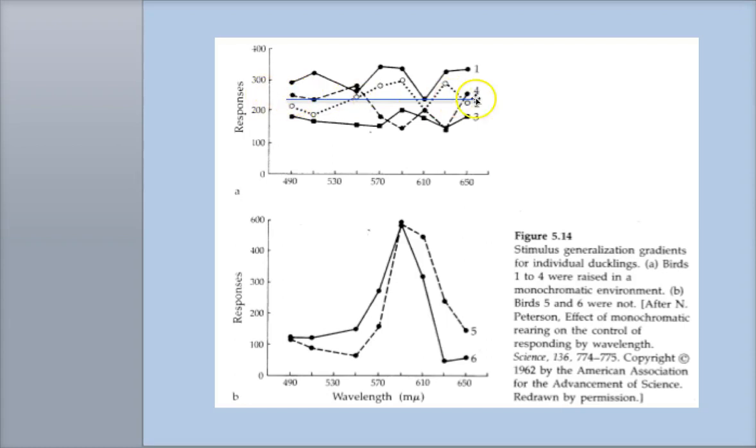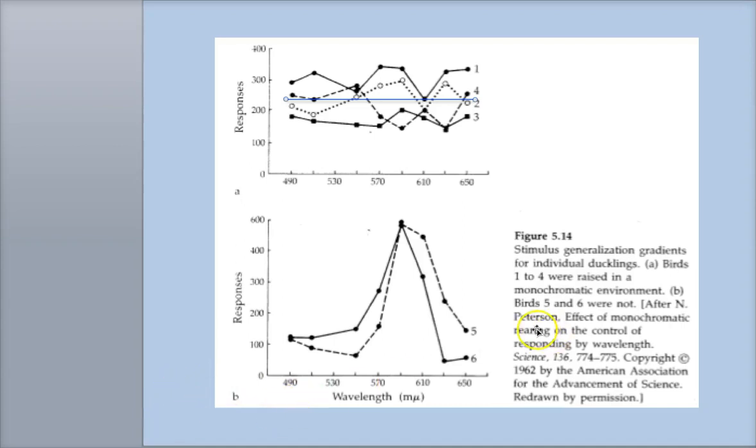So you get a high flat line averaging across birds. And even if you were to average within birds, it would still be a high flat line in terms of the best fit line. And then down below on gradient B, we have the 2 remaining birds that were raised in the broad spectrum light environment, and they produce a high peak to gradient, just as would be expected.